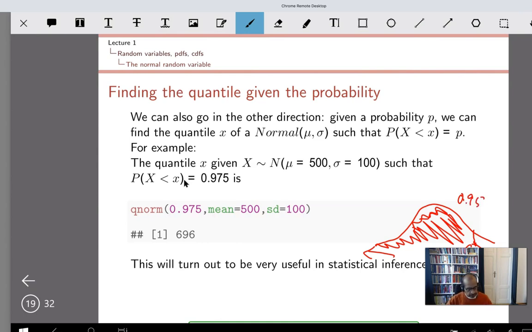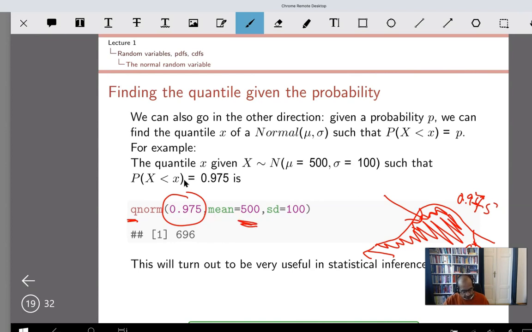Okay, so it turns out that in R they provide you with a function for figuring out what that Q is, and that function is called qnorm, right? What this takes as input is the probability that you want. I said 95% here, but in the example I have 97.5%.